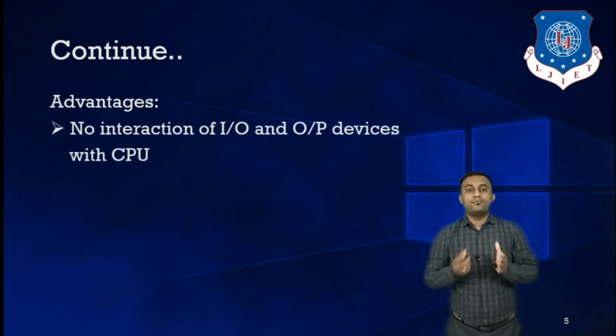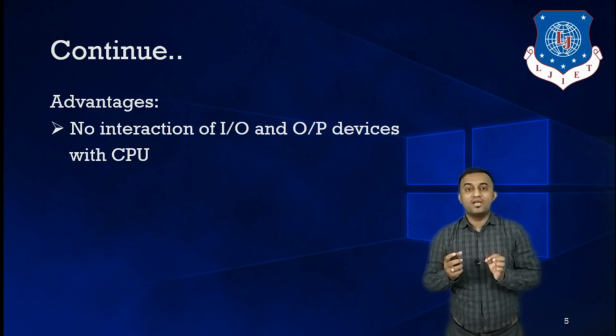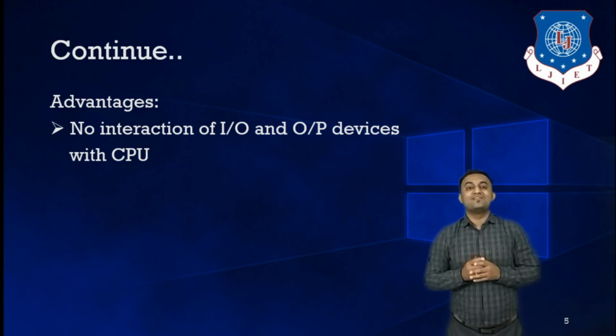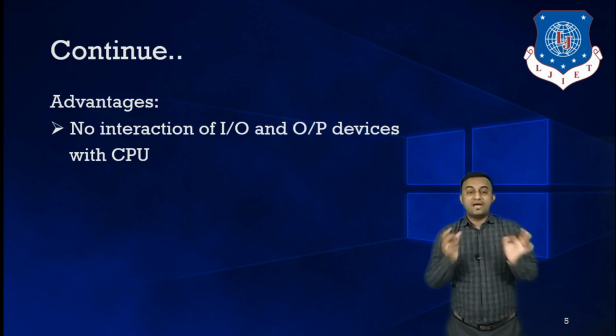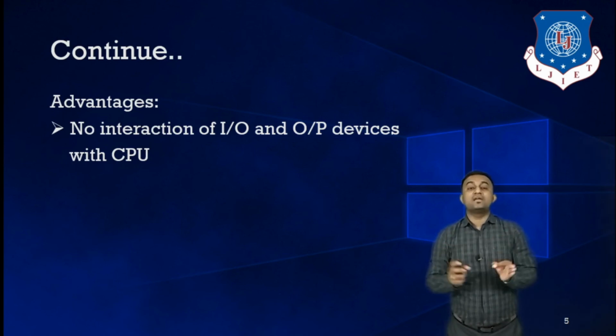So the main advantage of spooling is there is no interaction of I/O, input and output devices, with the CPU. That I already explained to you. That is the main advantage. Because of this point, we are getting higher speed of execution and we are getting more CPU utilization.